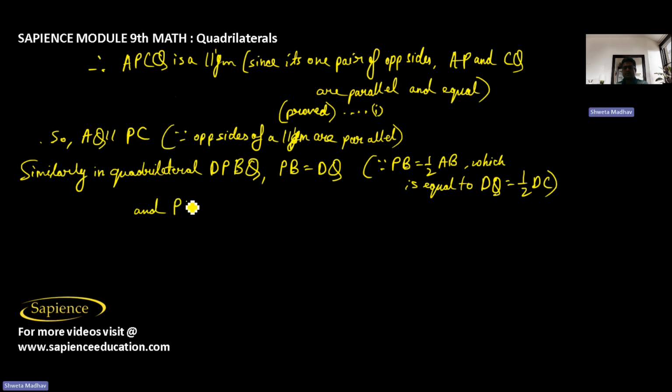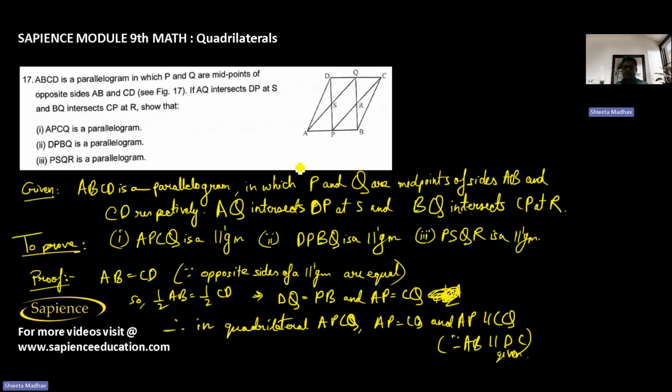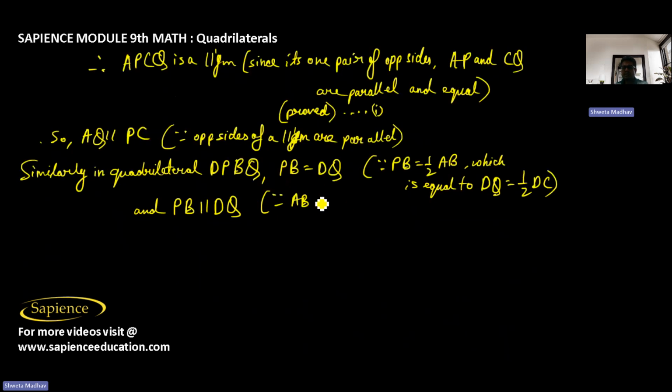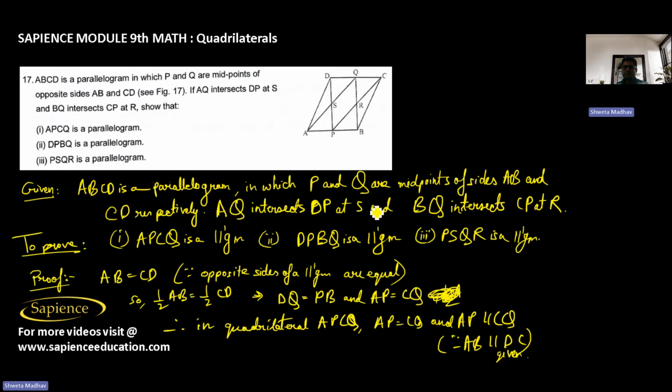Also, ED is parallel to DQ, since AB is parallel to DC, which is given.